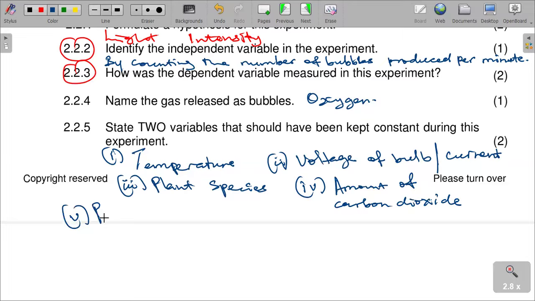So the person counting the bubbles must not change. I may also want to talk about the purity of the water used.